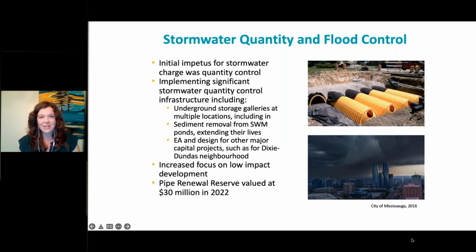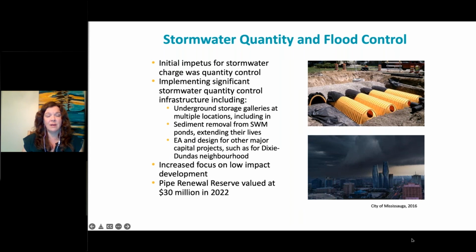So just to finish up, what do some of these outcomes from implementing a user fee for Mississauga look like? As I mentioned, our initial motivation was really quantity control and flooding. Since the implementation of the stormwater charge, we've been able to implement some really significant stormwater quantity control infrastructure that includes various underground storage galleries.